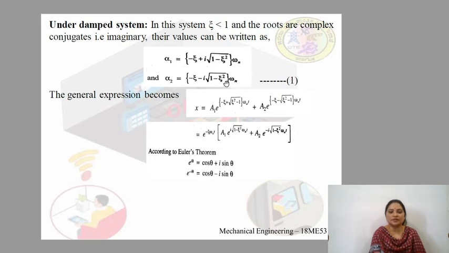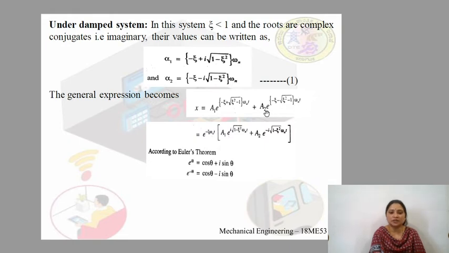The general expression of this underdamped system becomes x equals a1 e to the power of minus zeta plus square root of zeta square minus 1 into omega n t, plus a2 e to the power of minus zeta minus square root of zeta square minus 1 into omega n t.